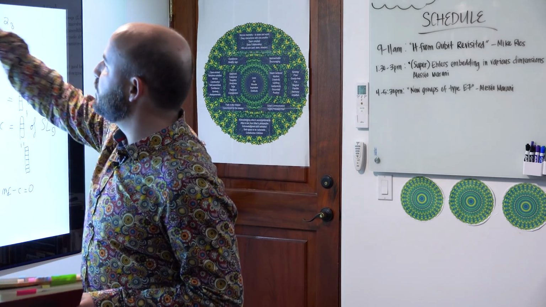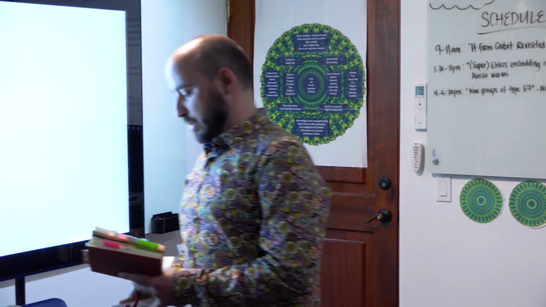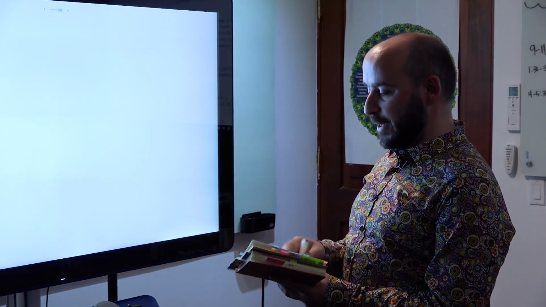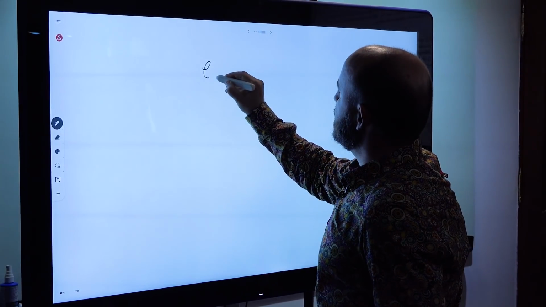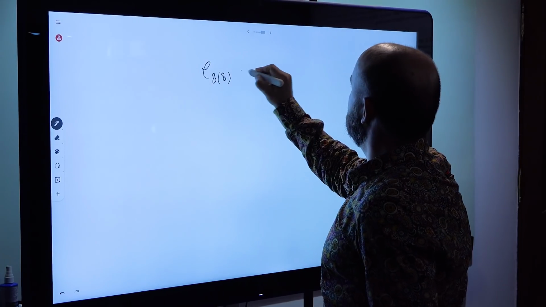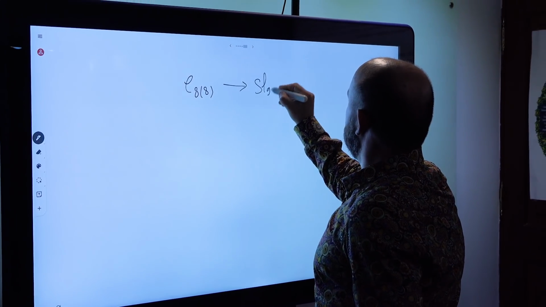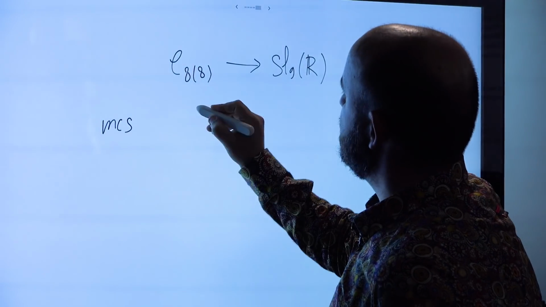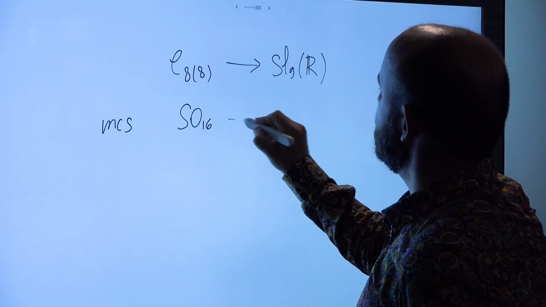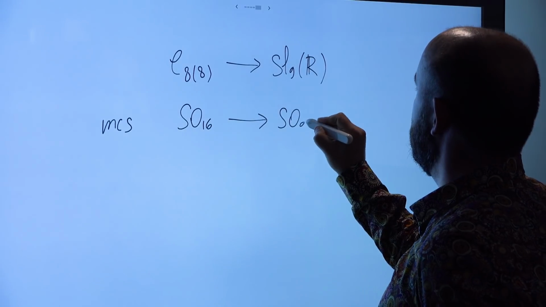So let me just move to the next thing, and what is important is that I will have once again this, and at the level of maximal compact subalgebra I will have SO16, which breaks down to SO9.